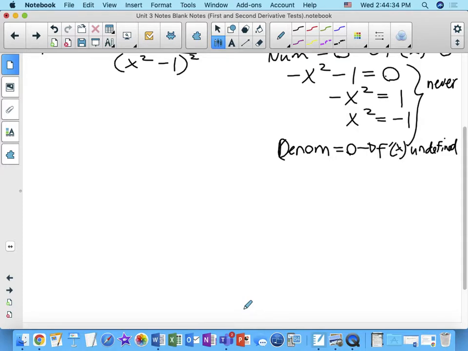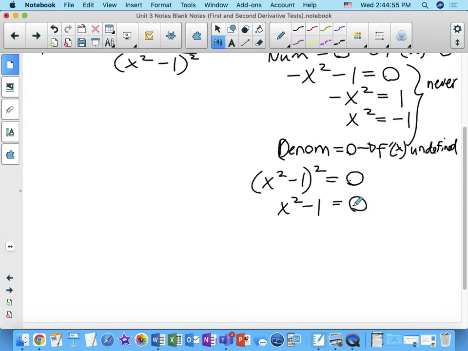Okay, so let's take a look at that. We're going to have x squared minus 1 squared equals 0. Well, that would have to mean that x squared minus 1 would have to equal 0, right? Because if you take the square root of both sides, you're going to get x squared minus 1 equals 0.